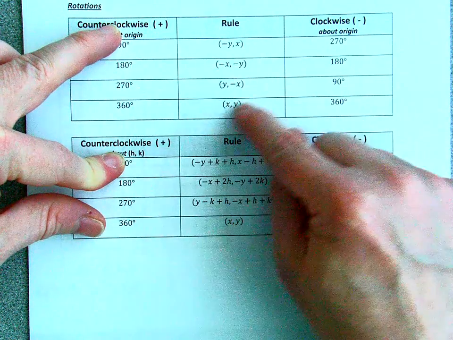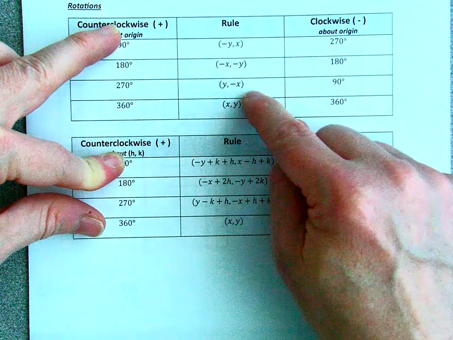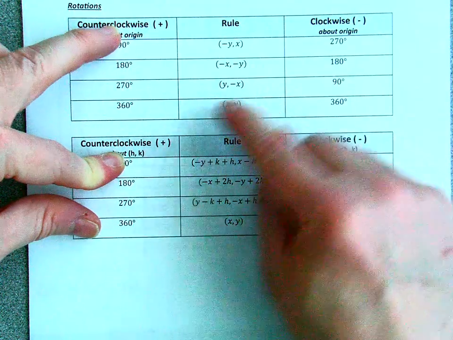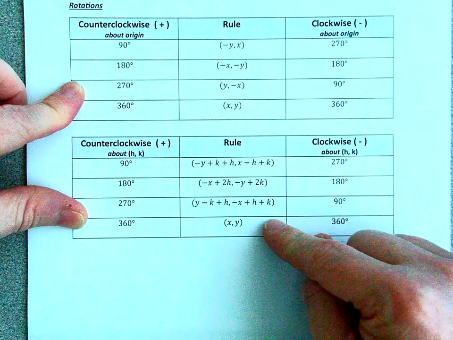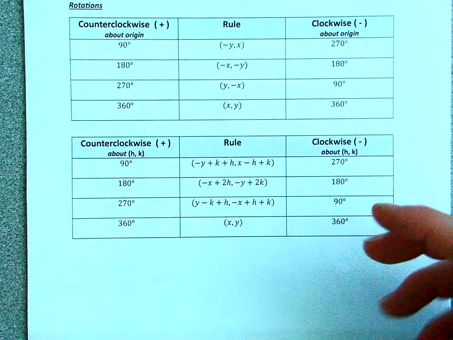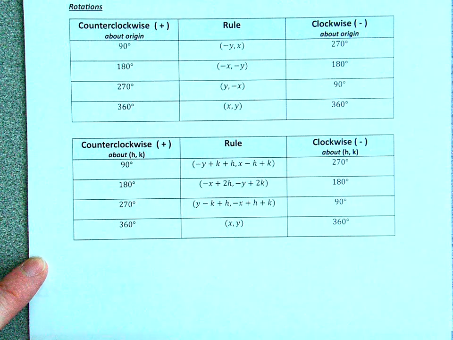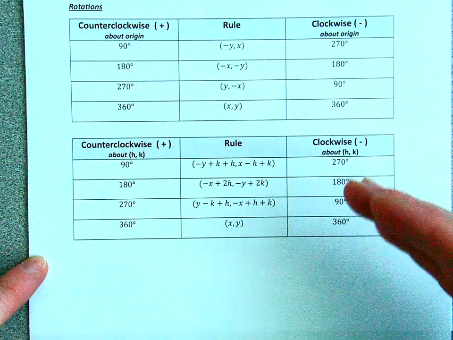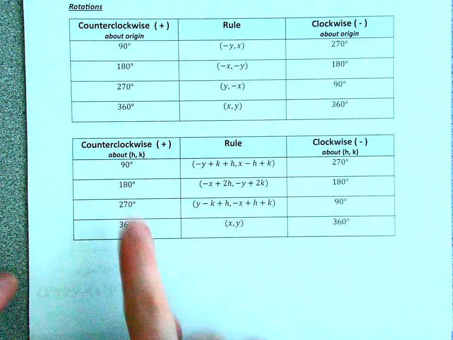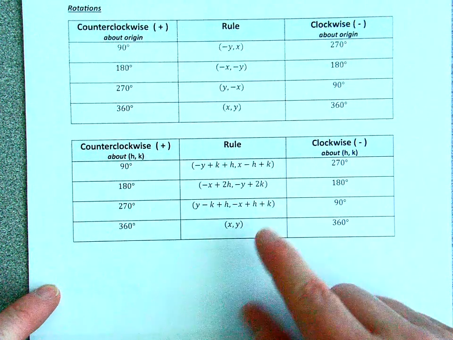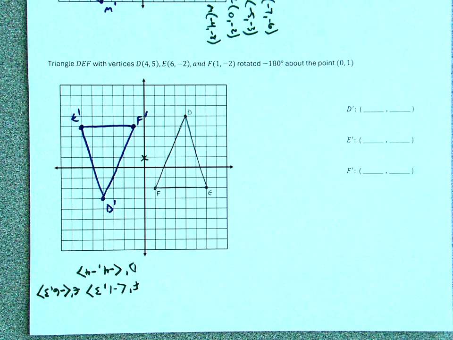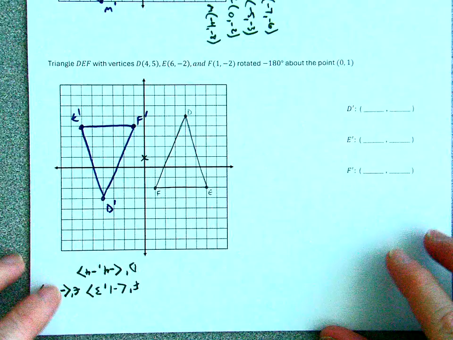Once we shift and then use these rules to rotate, then we want to shift it back to the center of rotation. So these rules incorporate these adjustments to bring the points back to the center, rotate them, and then put them back out where they belong. So we don't really need to think about all these adjustments. We can just use these rules if we would like. So I'm going to go through them. I'm just going to jot them down and just use them, right?